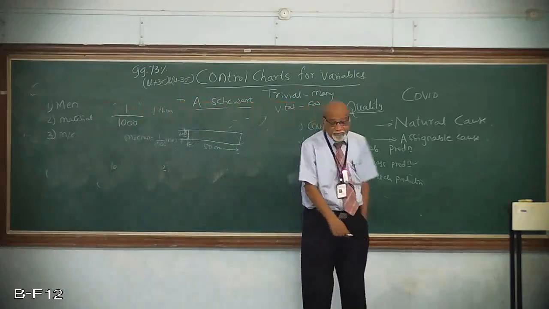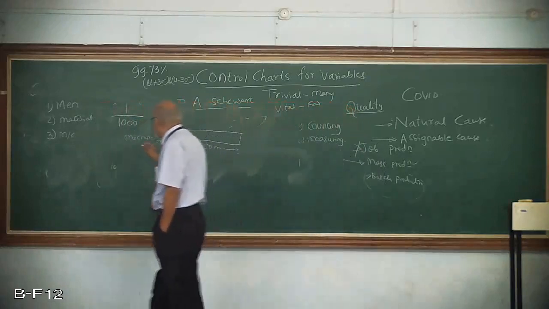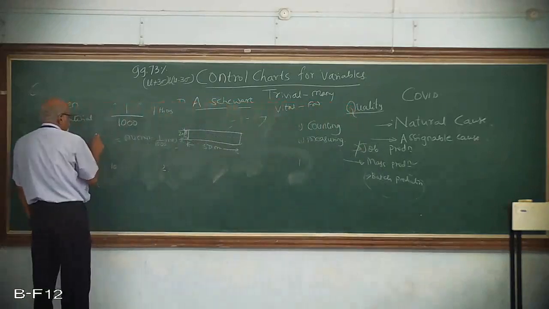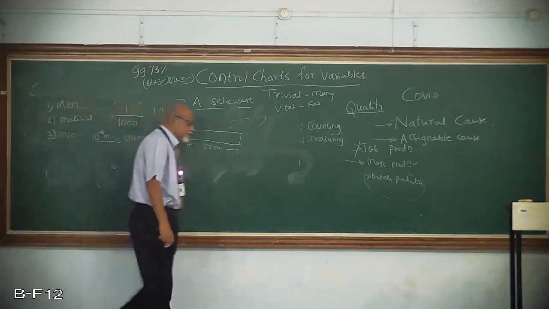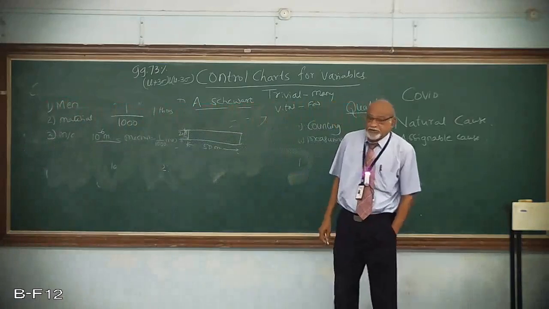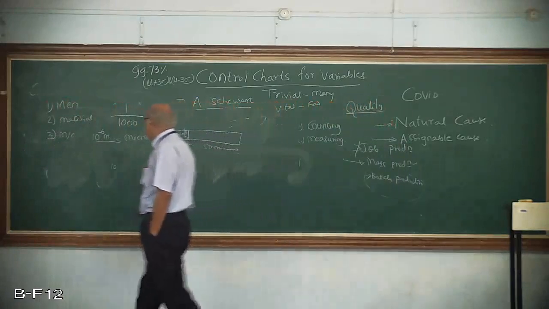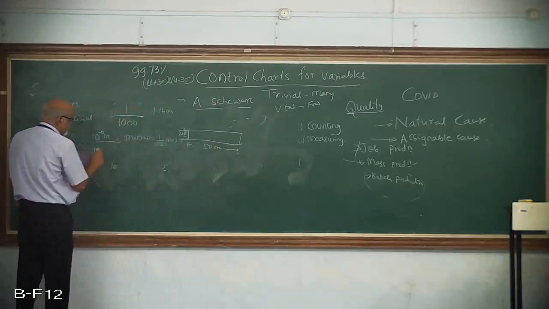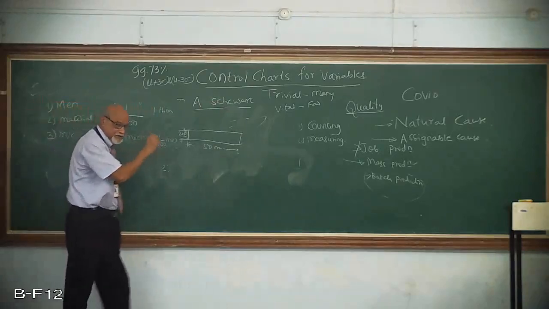That means a micron is also equal to 10 to the power minus 6 meters. We are in what phase now? We talk about nanotechnology. Nanotechnology means 10 to the power of minus 9 meters. So now we are able to measure up to this capacity.